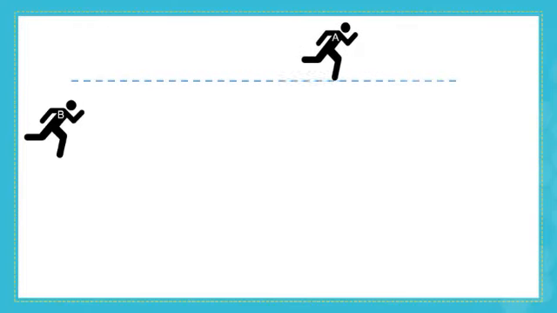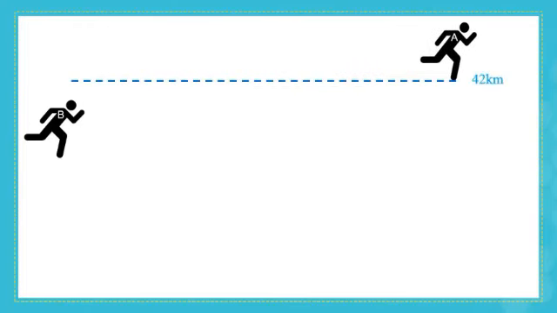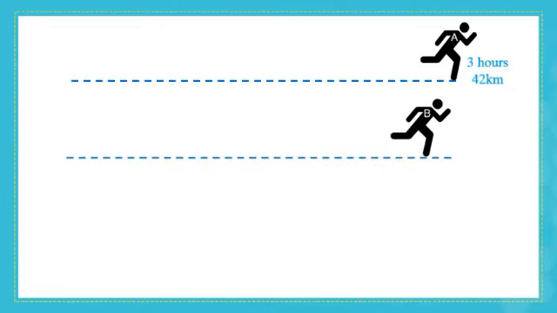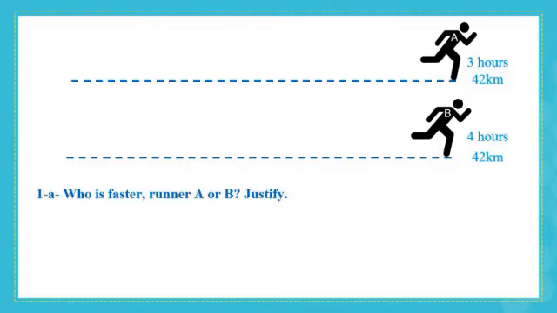In a marathon race, runner A traveled 42 kilometers in 3 hours. Runner B traveled 42 kilometers in 4 hours. Who is faster, runner A or B? Justify your answer.